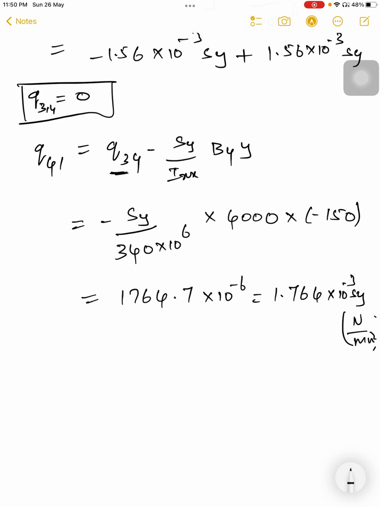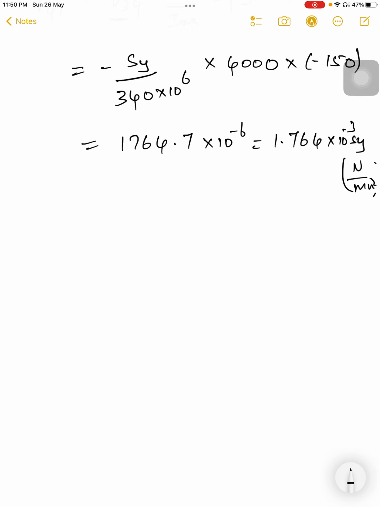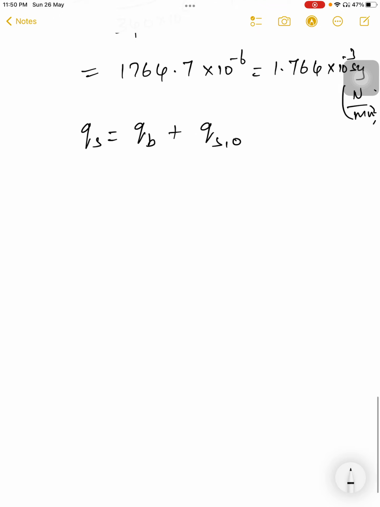So now we have determined for the open section. For the closed section, Qs equal to Qb plus Qs,0 or Q0. Therefore Q12 equal to the value 0 plus Q0, it will be Q0.